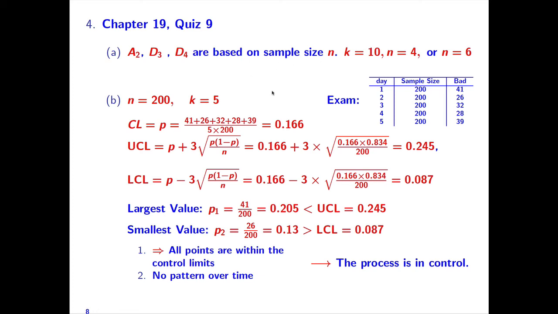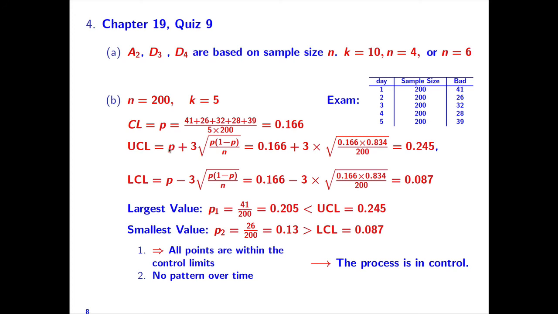And in this case, k is 5, n is 200, and the center line, this proportion p, is equal to the total number of defects for your numerator and total number of samples for the denominator. So you have 41 plus 26 plus 32 plus 28 plus 39 for the numerator, and the denominator is 5 times 200.